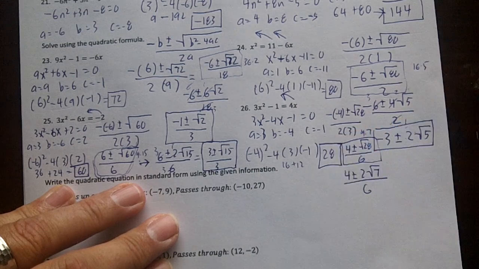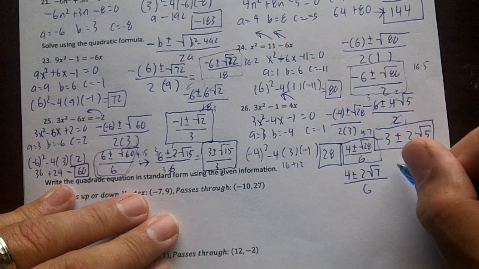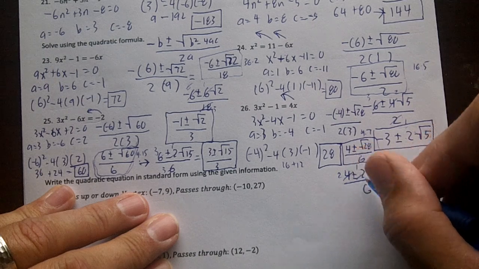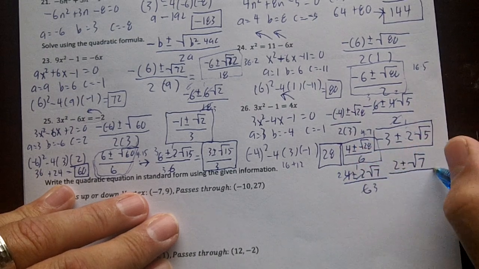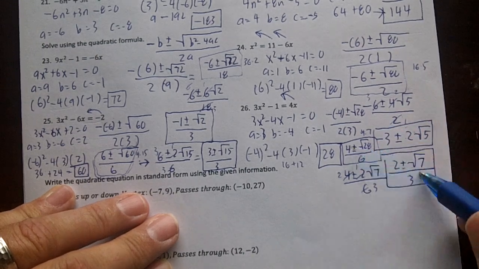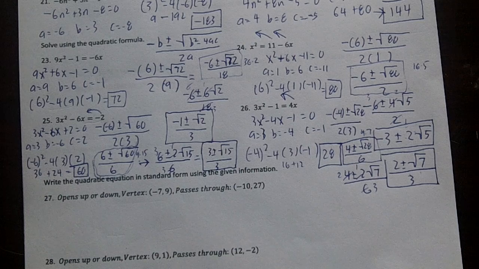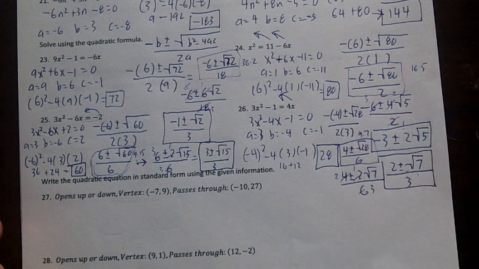This would work if you get to it. All of these divide by 2, so I'm going to end up with 2, 1, and 3. 2 plus or minus square root of 7 all over 3. So this and this would work. Don't worry about simplifying. We won't have that on the test, okay? If you get to here, you'll be okay.